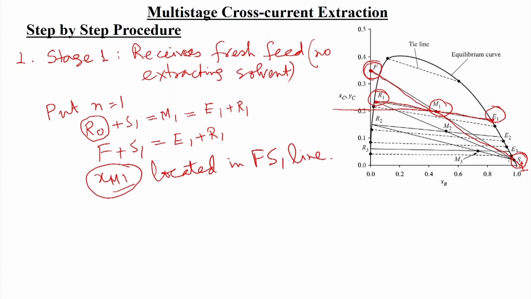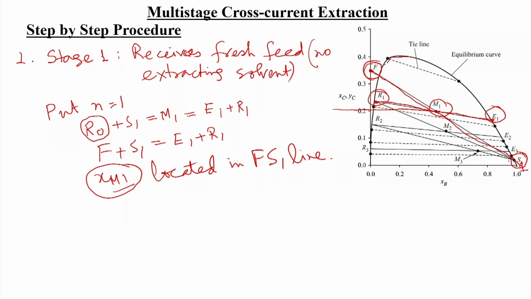So, it follows the tie line value. So, now we have R1 and we have E1. So, in R1 and E1, what is the composition of the solute concentration in the raffinate and extract? We will be getting it from the equilibrium diagram like this.